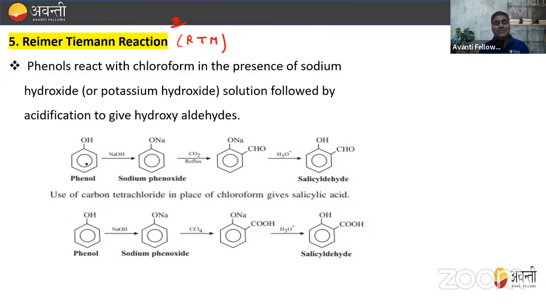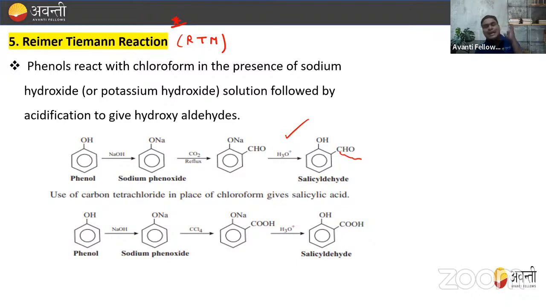When we treat phenol with NaOH, we get sodium phenoxide, which further on treatment with the dichlorocarbene gives the phenoxide, and a CHO group is introduced. On further hydrolysis, this will give salicylaldehyde. In the Kolbe reaction, we got salicylic acid because instead of CHO, we have a COOH, a carboxylic group. But in this case, we get CHO, that is known as salicylaldehyde.